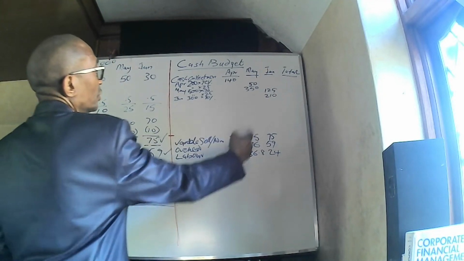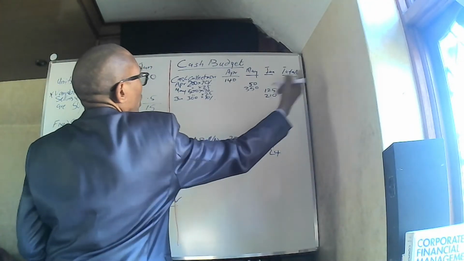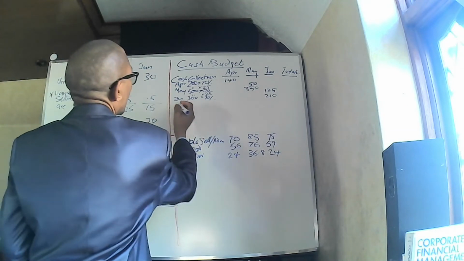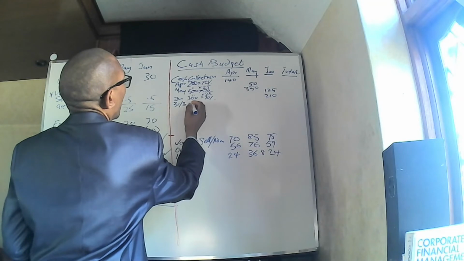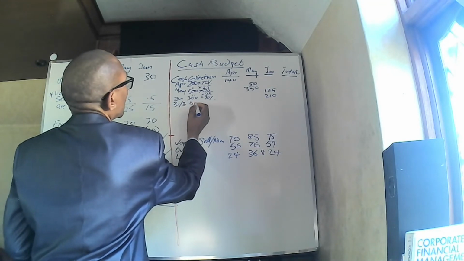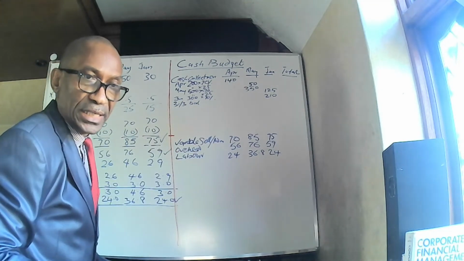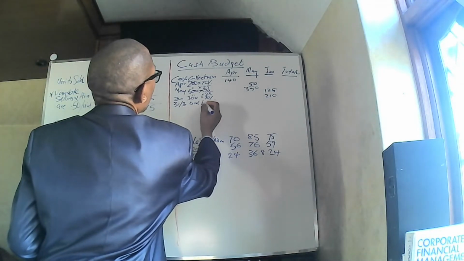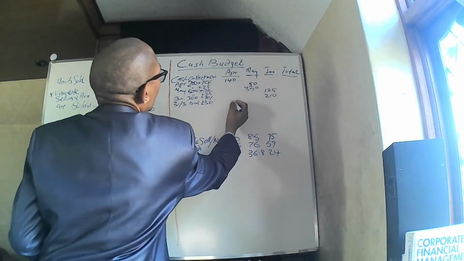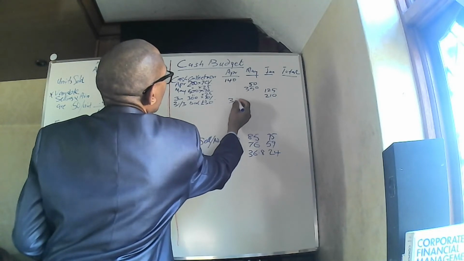As I remember, I told you the one we have not collected here will be collected next time. So let's collect the 31st March balance. Balance of 30,000. That will be collected in April, 30,000.